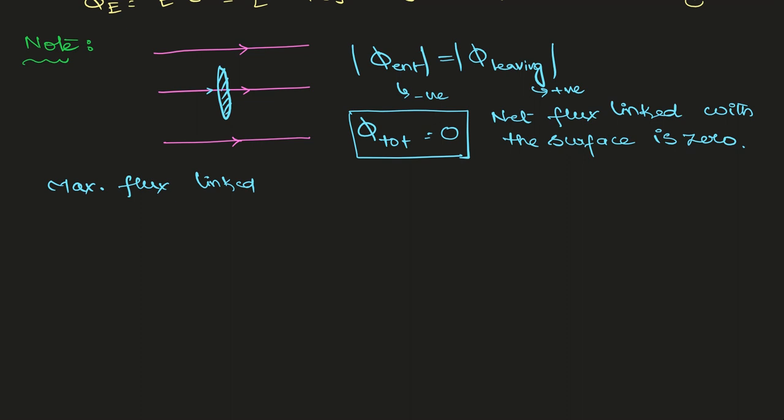Suppose its maximum cross sectional area is A, then the maximum flux linked will be equal to E into A. Or if it is circular in shape, we can take E into pi r square. It depends upon the nature of the cross section. If it is a square plate, you will get E into A square.